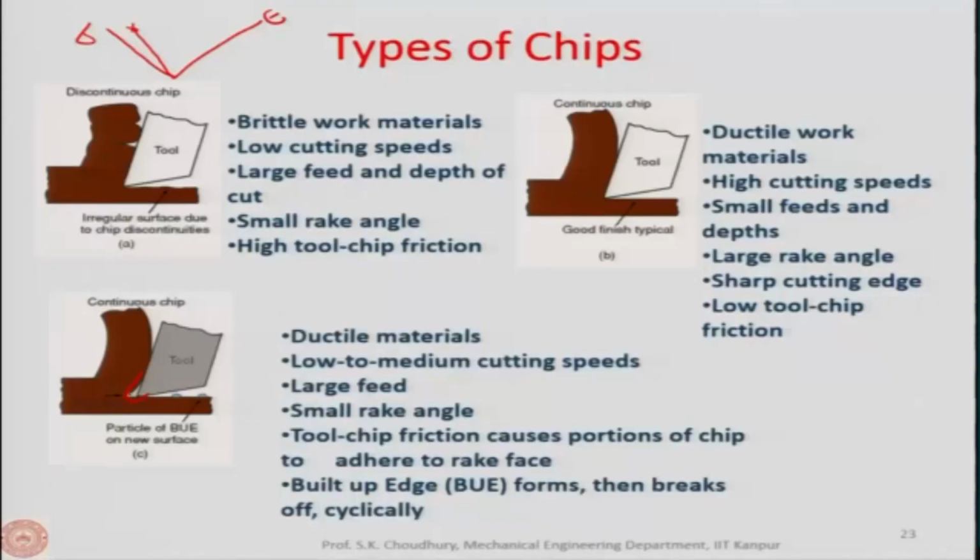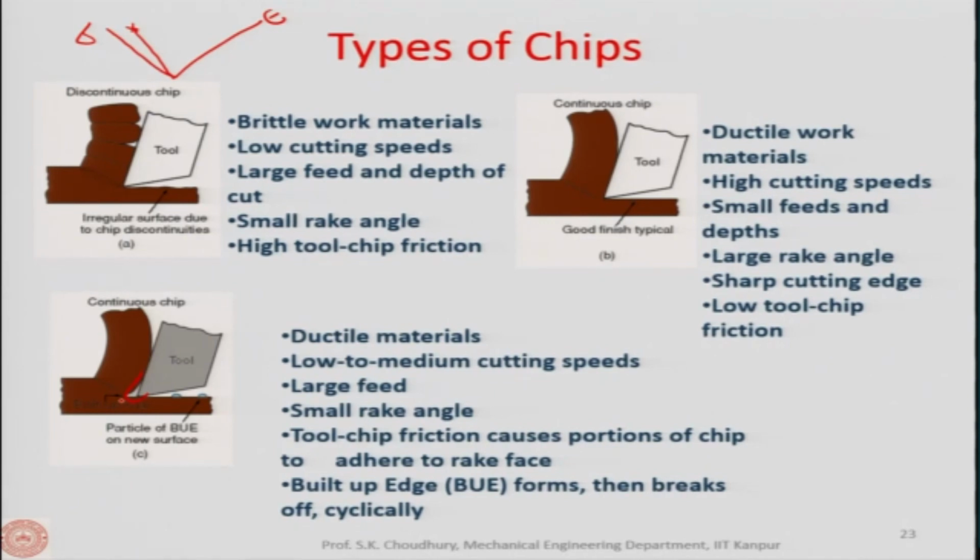I will derive later, I will show you that as the rake angle changes, the cutting force also changes. Cutting force changes means the power consumption changes. All right. In that case, what will happen? The cutting force will fluctuate because of the change in the rake face of the tool. So the cutting process will not be perfect, in the sense that surface finish may be affected.